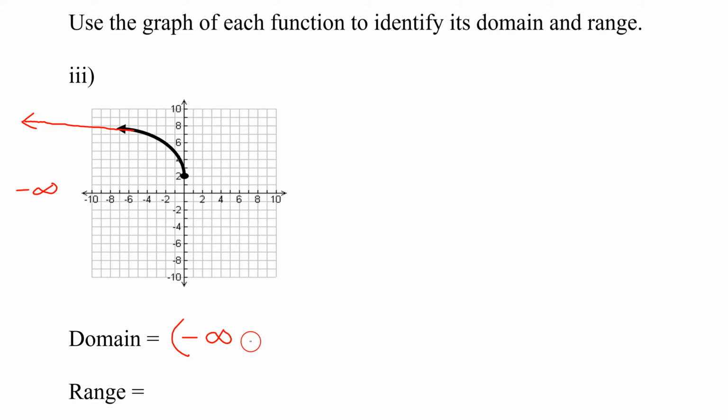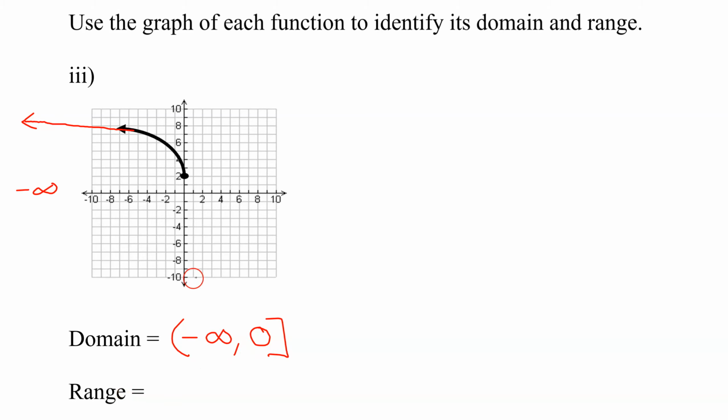So my domain is parentheses negative infinity. I have x values all the way through to this point here. And what's its x value? It is 0, because this is 0 in the x direction. And is there a point when x equals 0? Yes, right here. So I'm going to put a square bracket on it. So my domain is parentheses negative infinity, 0, square bracket.